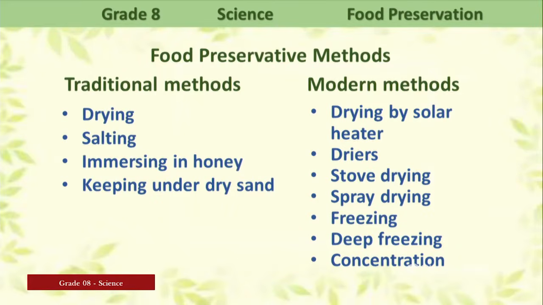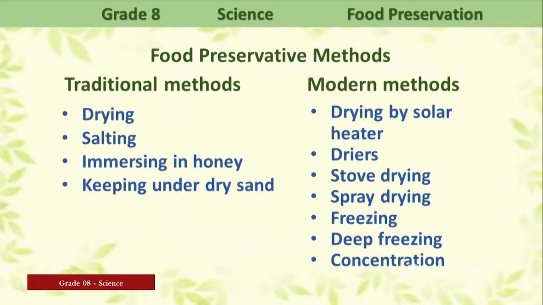Now, let us see modern methods of food preservation. What are the modern methods of food preservation? First one is drying by solar heater. Solar heat, the heat of the sun, is used to dry the food materials.